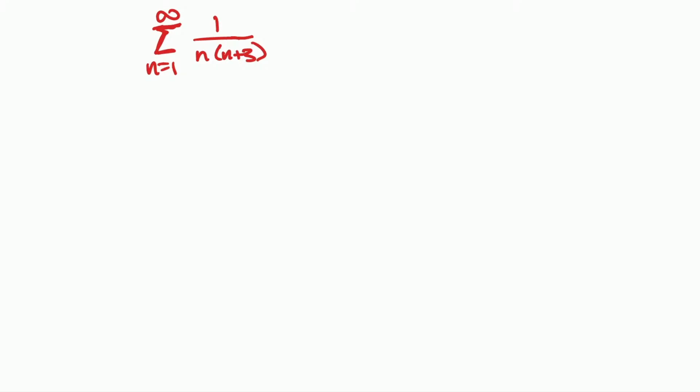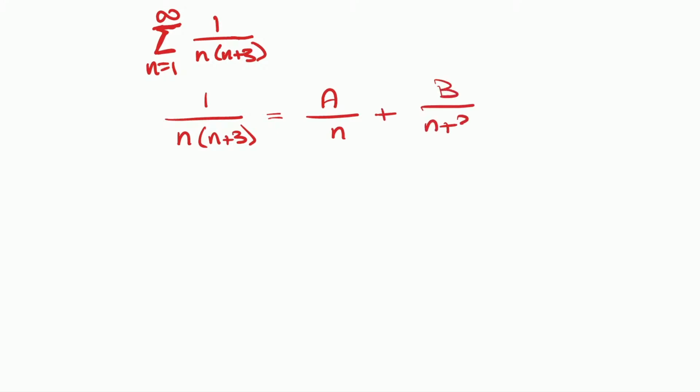To do that, we're going to write down the partial fractions expansion of this thing. This is going to equal a over n plus b over n plus 3. So you know the drill. You can do this. It's not that hard.